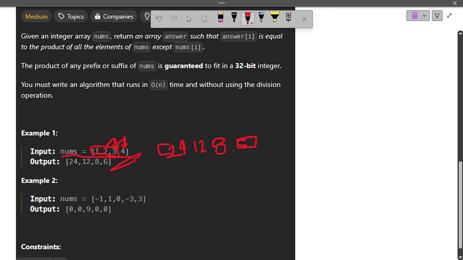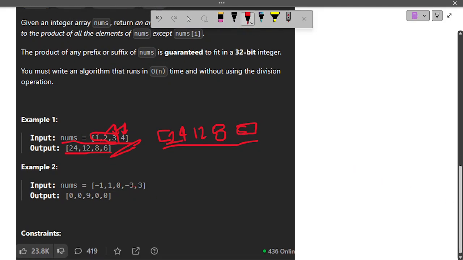So look, here the output is 24, 12, 8, 6. Let me show you one more example.